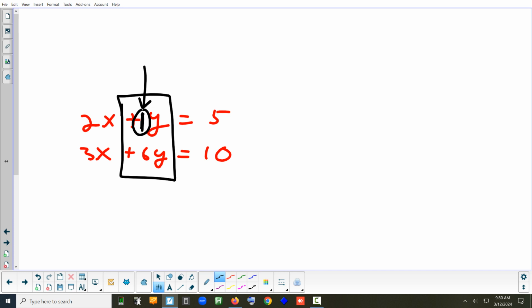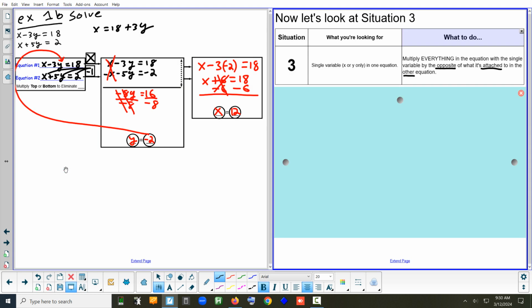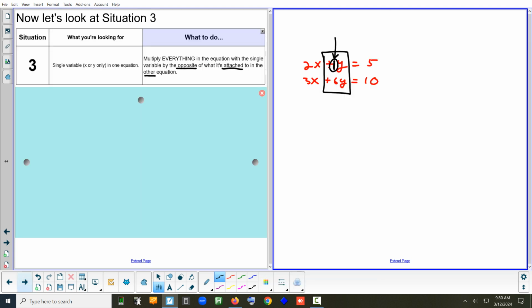So what's the trick? Let me show you. The way you figure out what to multiply by is it's the opposite of the number that's attached to the letter in the other equation. So I go back to this little example.